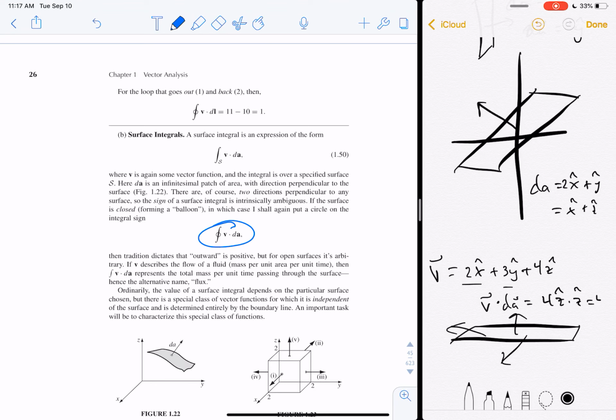It would be dz in this case, but z dot z would give you 1. So the only component of your vector field that's actually contributing to your answer is the z hat component, if the surface it's traveling through is in the z direction, right?